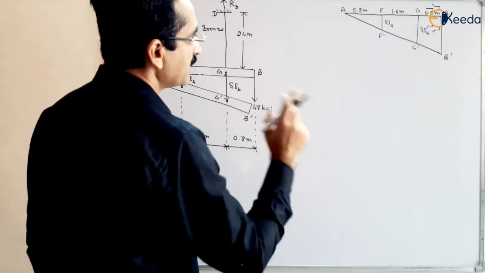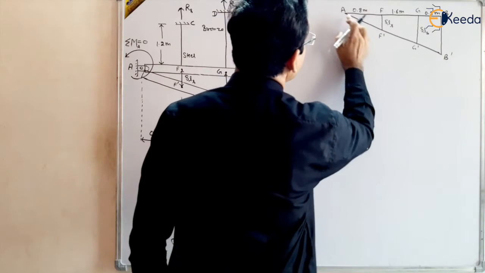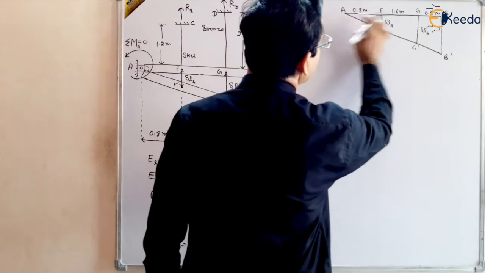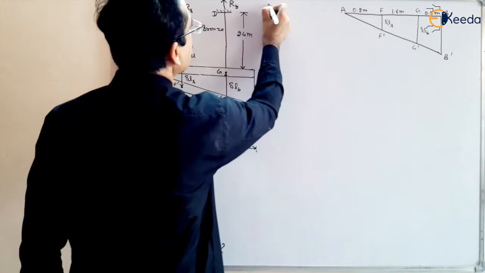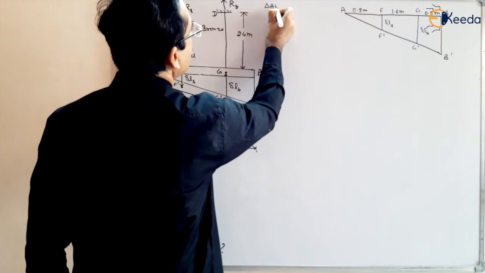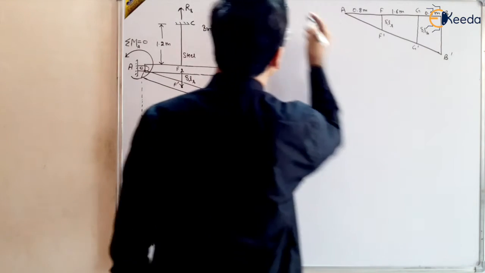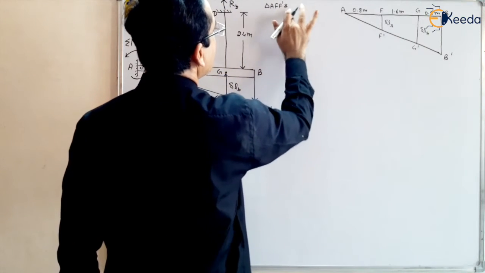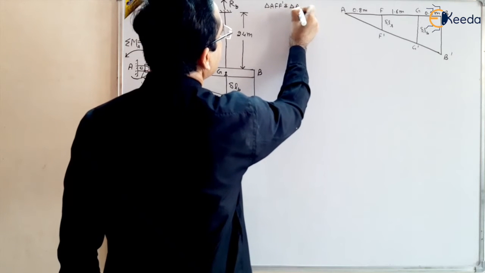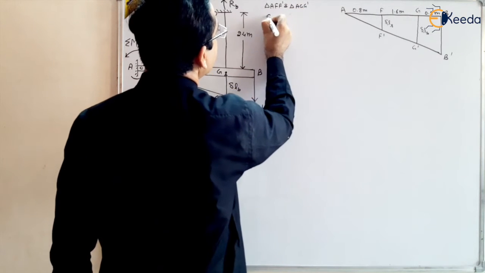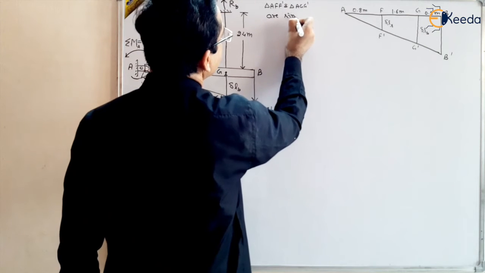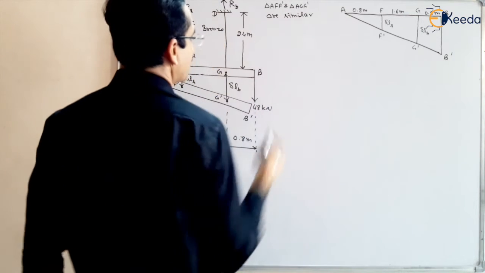So you can see here that triangle AF dash and triangle AG dash are similar triangles, right?